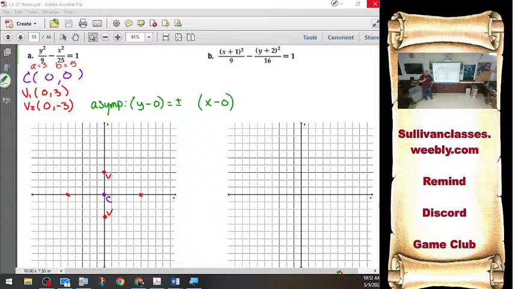Is this going to be a over b or b over a? Rise over run, y's over x's, a over b. Y's over x's, rise over run. So it's going to be plus or minus 3/5. Well, how could I simplify this?